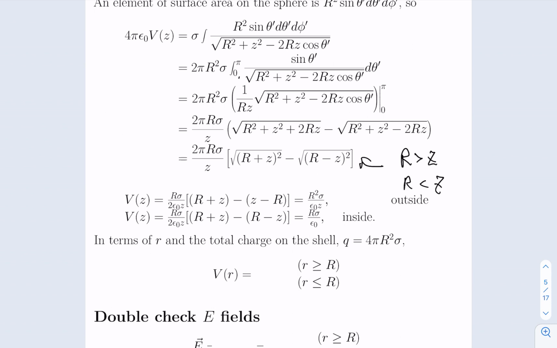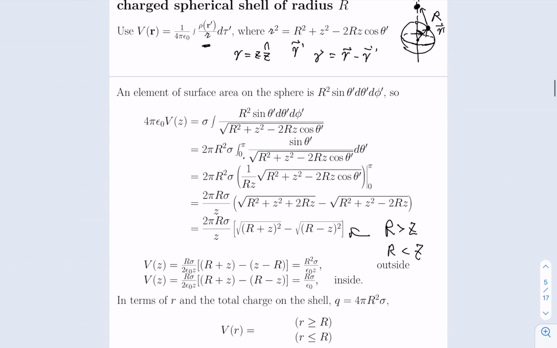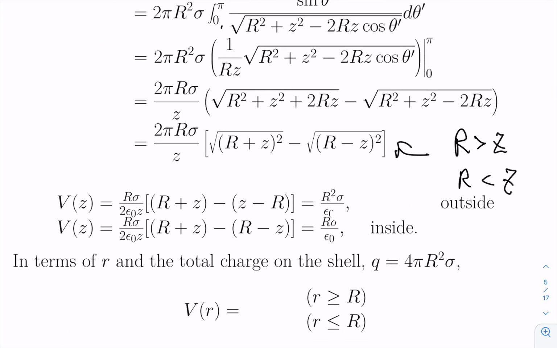Here we assume that the point of interest is along the z-axis, but that's indeed not necessary. If we are really looking at the r coordinate instead of z, we should modify this z to r. So we simply replace z with r, and we get our expression.